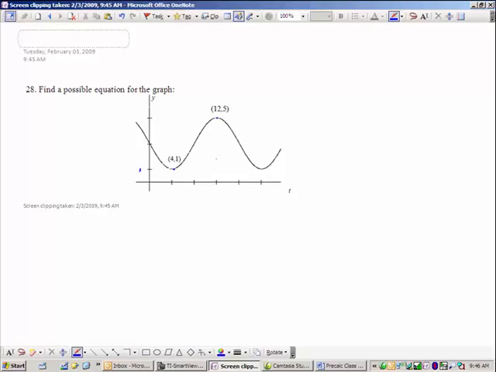And 12 comma 5. All right, so the midline is 3. That's going to help us. Calling someone, Elizabeth. The midline is 3. It is. And the amplitude is 9. No.